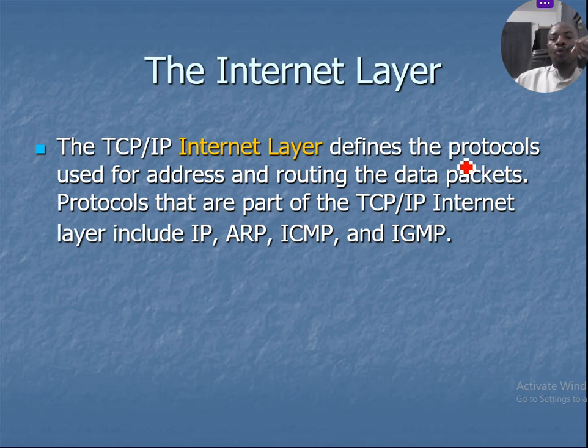The protocols that are part of the TCP/IP internet layer include IP, the Internet Protocol; ARP, the Address Resolution Protocol; ICMP, the Internet Control Message Protocol; and IGMP, the Internet Group Message Protocol.